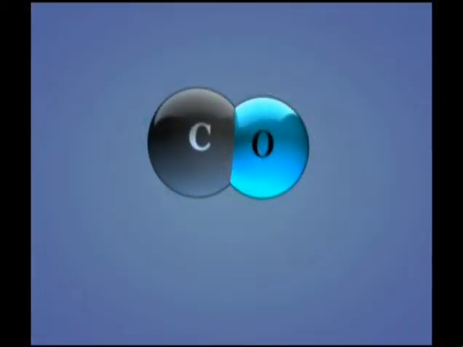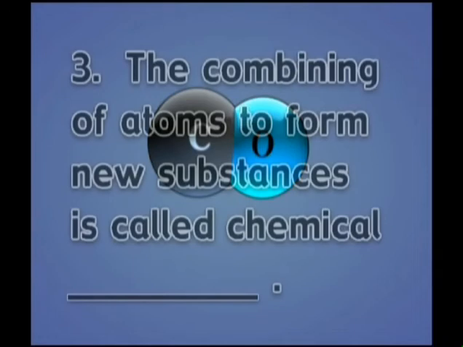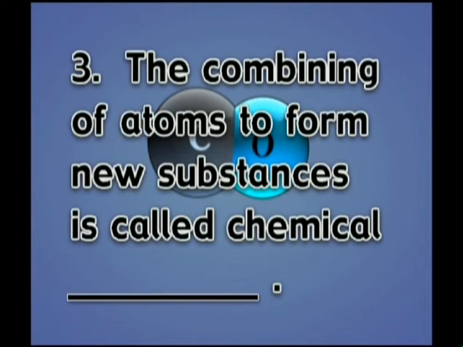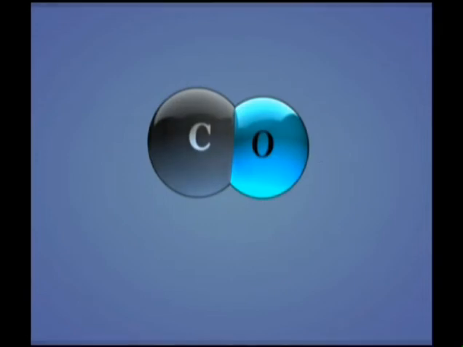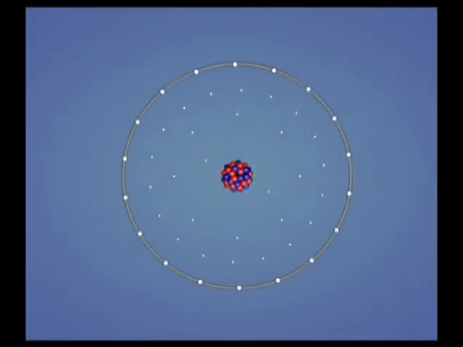Number 3. The combining of atoms to form new substances is called chemical bonding. Number 4. Electrons in the outermost energy level are called valence electrons.